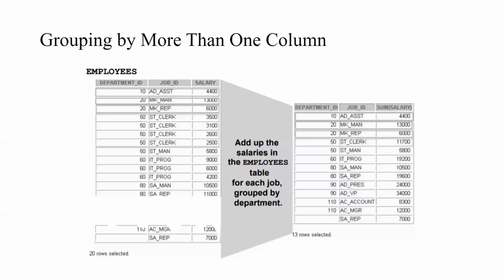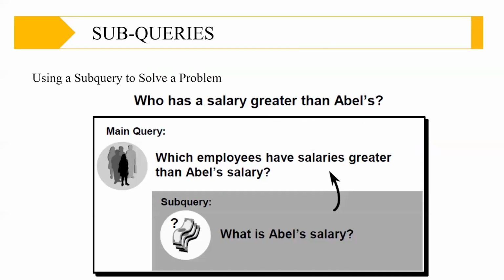Moving ahead. Subqueries. Now, this is also a very interesting concept. So, using a subquery to solve a problem. Who has a salary greater than Abel? So for example, I know what is Abel's salary and I want to find who has salary greater than Abel. One way is, first I find out with a query, select salary from employees where last name is equal to Abel.